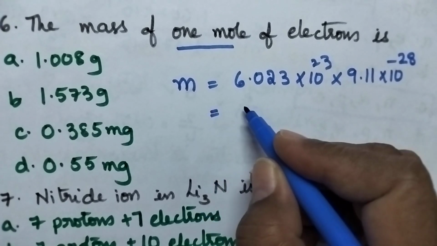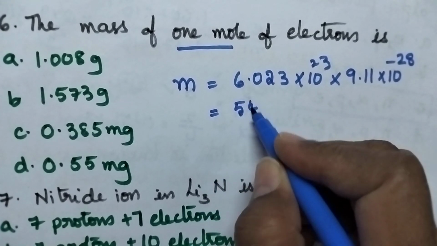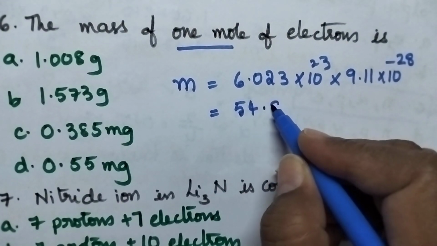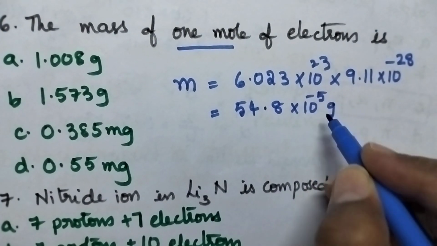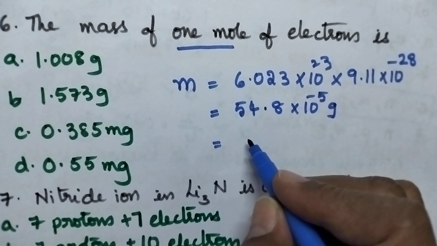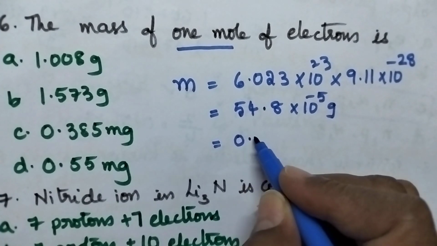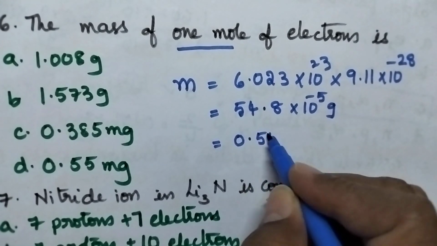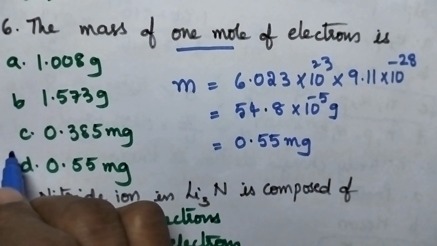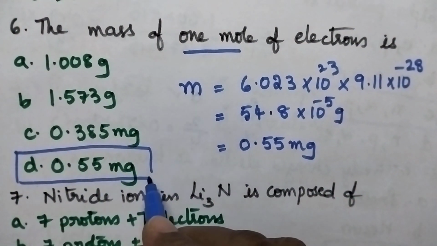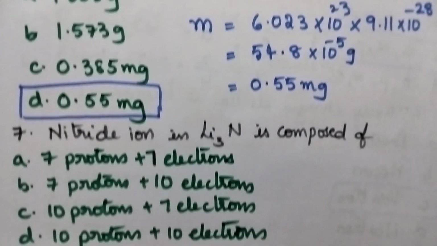On doing the calculation, we will get 54.8 × 10^-5 gram, and that is equal to 0.55 milligram. So option D is the right option.